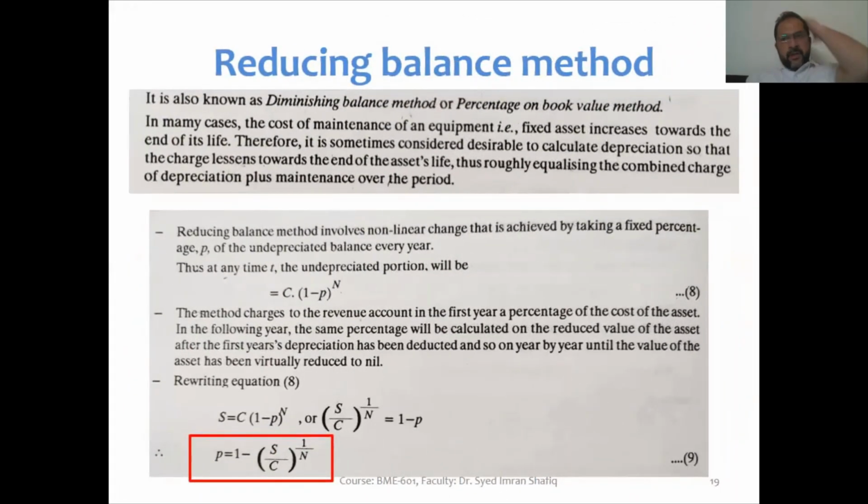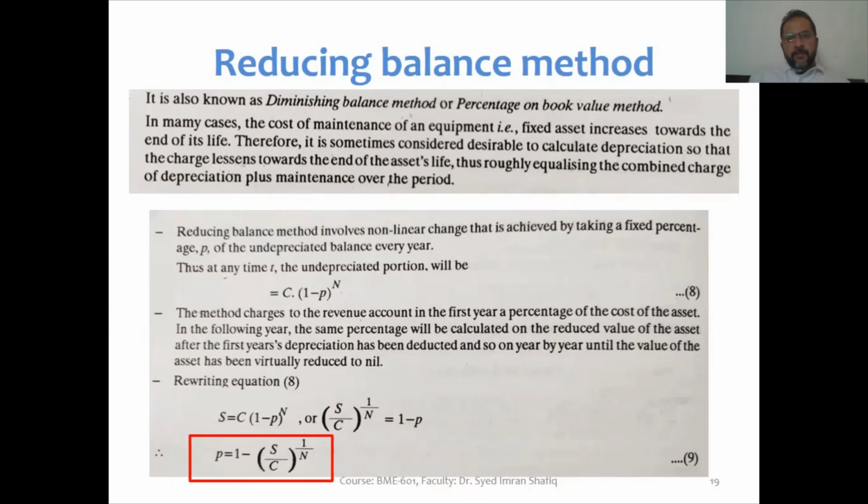The next method is the reducing balance method. It is also called the diminishing balance method or percentage on book value method. The main difference between the reducing balance method and the straight line method is that in the straight line method, as we have discussed, the depreciation is calculated on a linear basis.